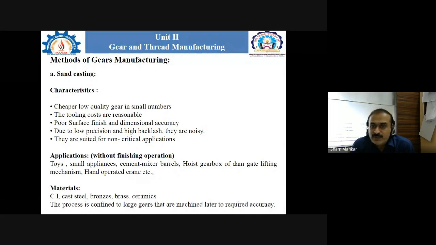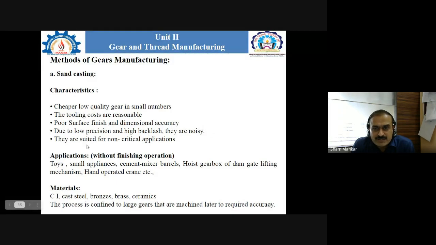If we are manufacturing a gear by the sand casting process, there is no excellent surface finish and there is only some kind of dimensional accuracy, but it is not exactly accurate. So when we try to mesh, or when we want to convert speed or motion from one location to another, they will definitely create more noise.